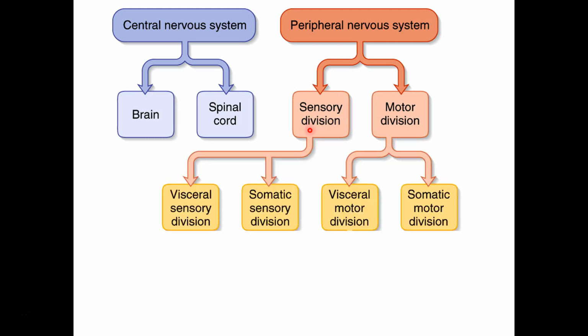Okay, so here we're seeing sensory, which needs to come back from visceral structures, and sensory, which needs to come back from somatic structures, and motor, which needs to go to visceral structures, and motor, which needs to go to somatic structures. So we're going to start talking about how we actually get information to and from these structures.